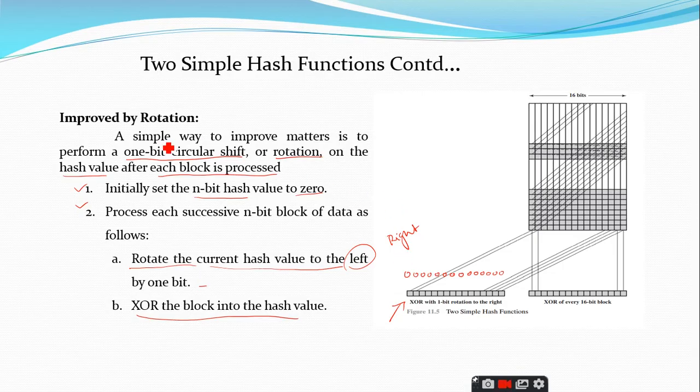Why is this rotated XOR efficient? The main thing you have to understand here is there should not be regularity in the inputs. Regularity in the inputs is not accepted for generating hash functions. If you perform this rotated XOR operation, you are bringing an effect called randomization.